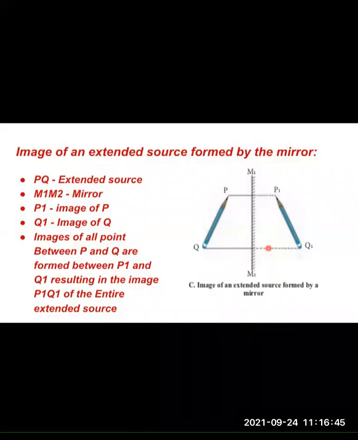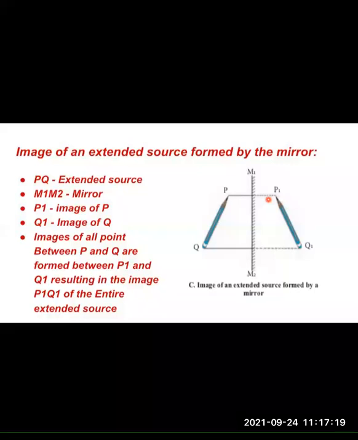A ray of light emitting from point P will be incident on the plane mirror. Now if you produce this incident ray in the backward direction, we get an image somewhere over here, and we call that point P1. Okay, so this is the first point we are getting for this extended source PQ.